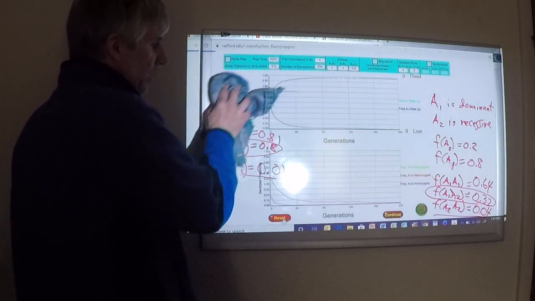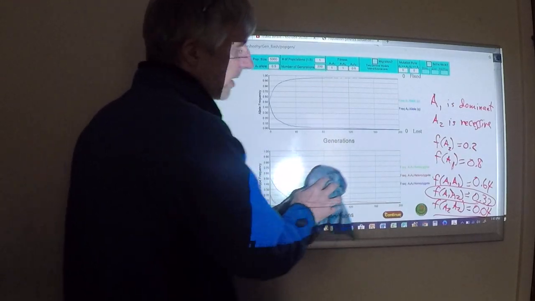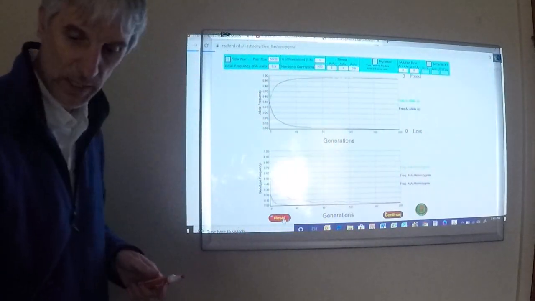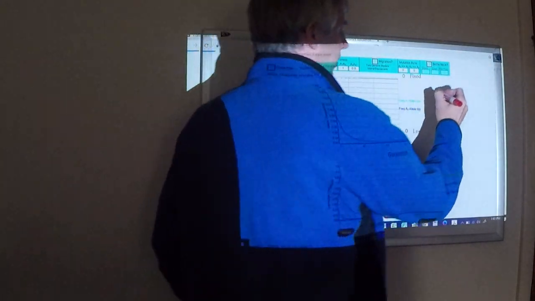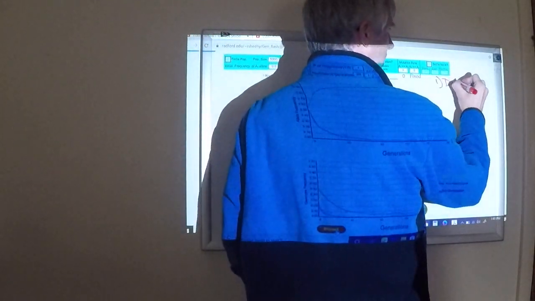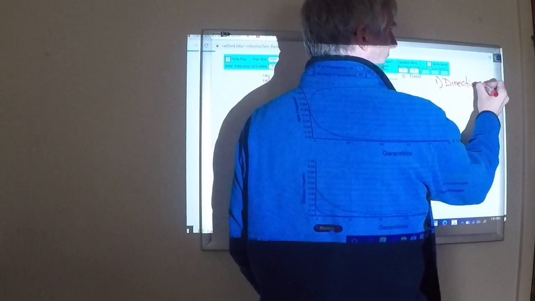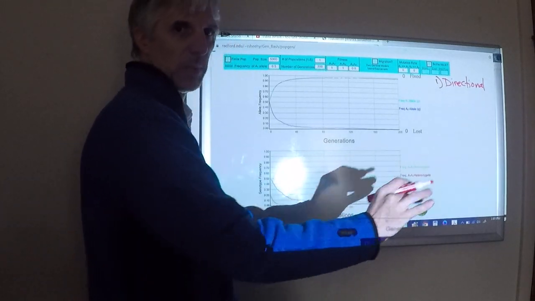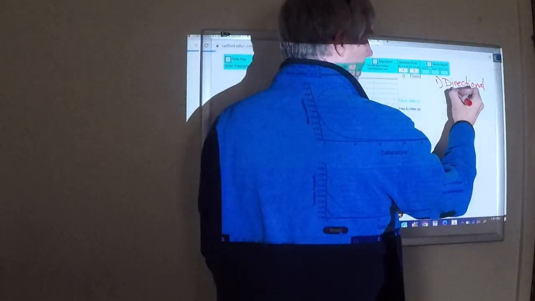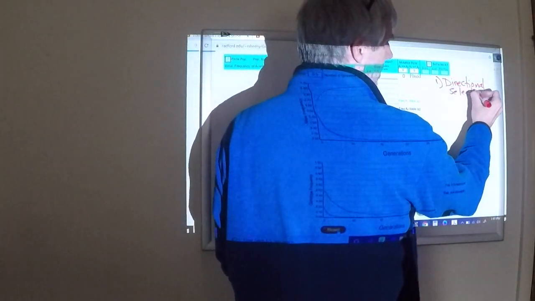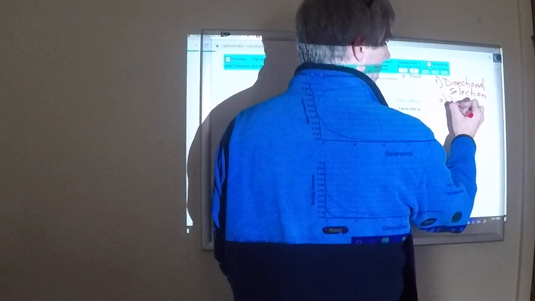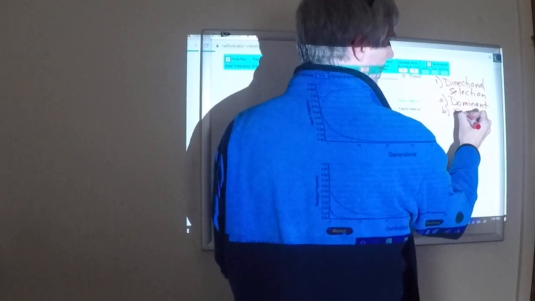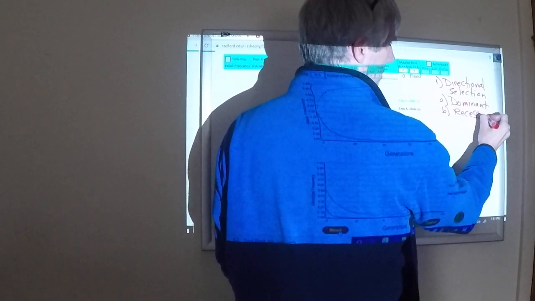Okay? The situation that we've just done here is basically directional selection. We selected against a particular allele to push the population in a particular direction. And we did two cases: selection against the dominant and selection against the recessive.